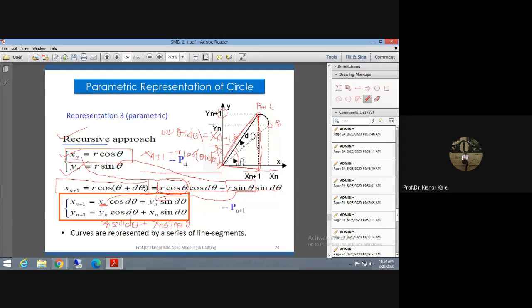If you substitute these values similarly, you will get this equation. You can try on your own if you wish, and you will get this formula.